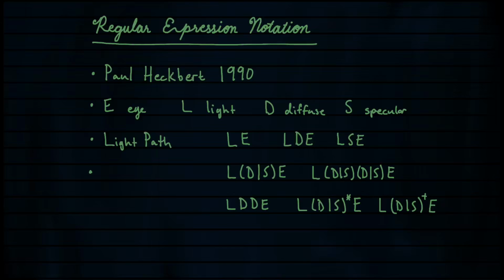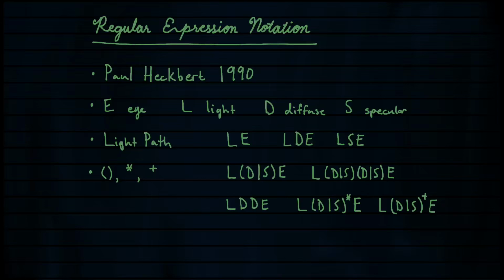Okay? And so these essential symbols, which are of course we have E, L, D, and S, but we might have parentheses, or we might have an asterisk, in other words, 0 or more, or we could have a superscript plus. Okay, so this is 1 or more.